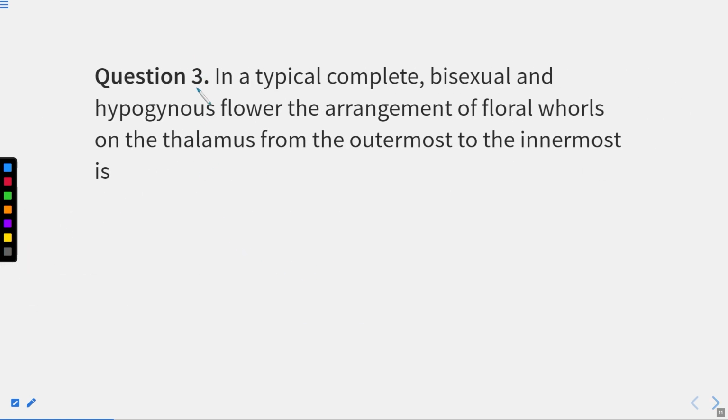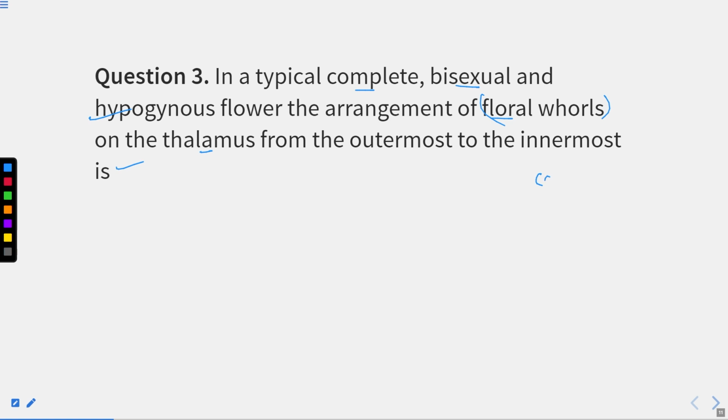Now let's talk about question number 3. In a typical complete bisexual and hypogynous flower, the arrangement of the floral whorls on the thalamus from the outermost to the innermost is, okay, so again they are talking about the floral whorls. We have already discussed this in the first question. There are 4 floral whorls.